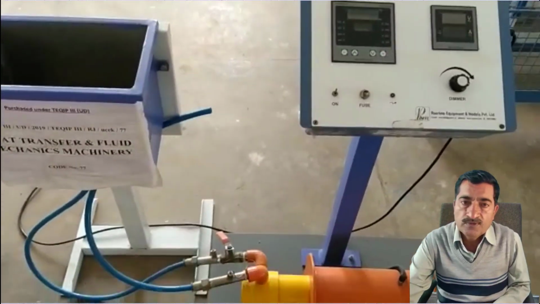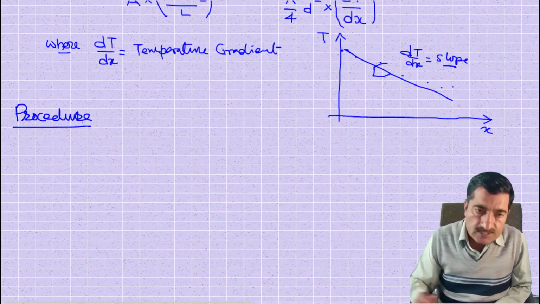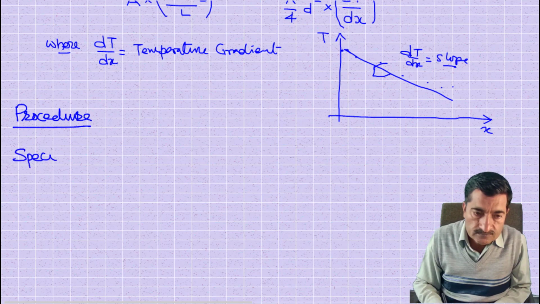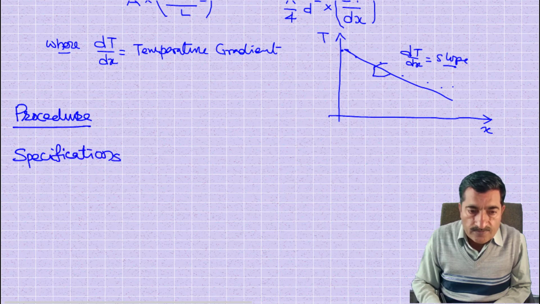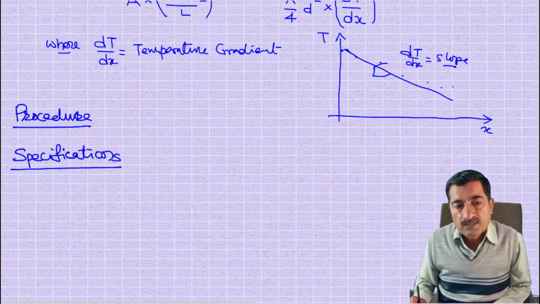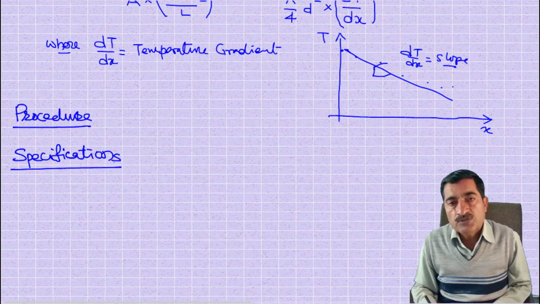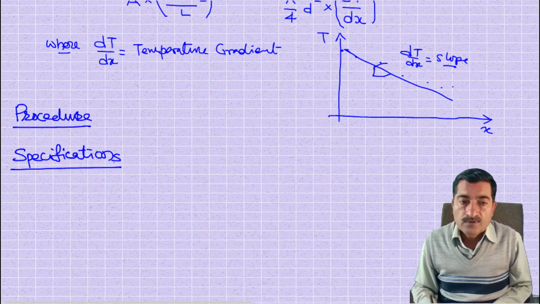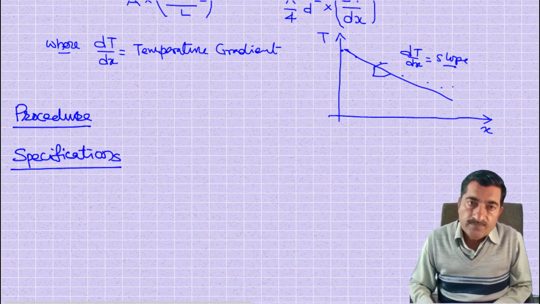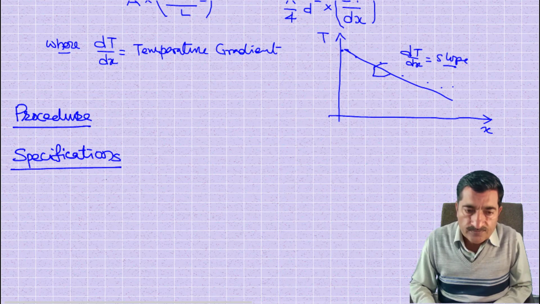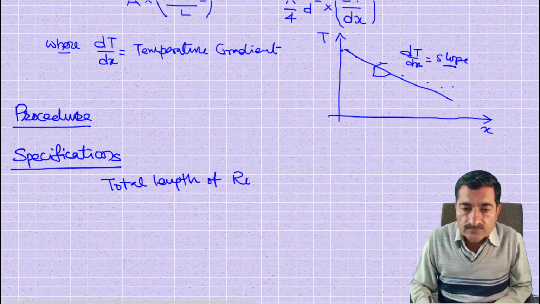Okay. Now specifications. Note down the specification from the write up which is given in the lab. The total length of metallic rod L, this is in meter.